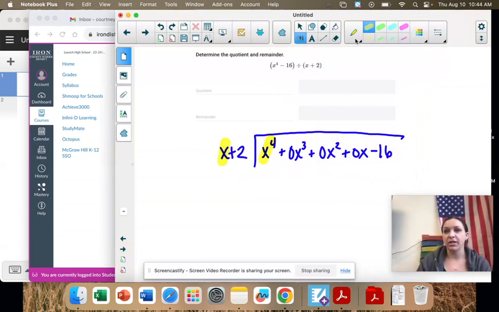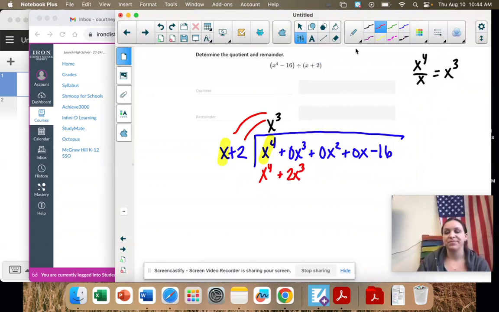That's all we're looking at right now. x times what gives you x to the 4th? Well, we have 4 and we're taking out 1. So it's x to the 3rd and we're going to multiply. x to the 4th, that's what we want, and then 2x cubed. And we subtract.